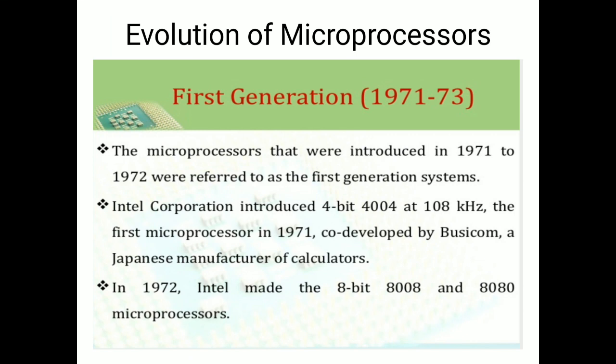They were not compatible with transistor logic. In 1972, Intel made the 8-bit 8008 and 8080 microprocessors.